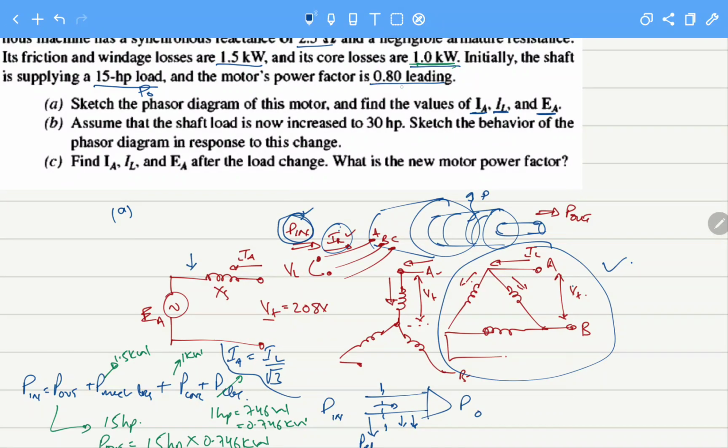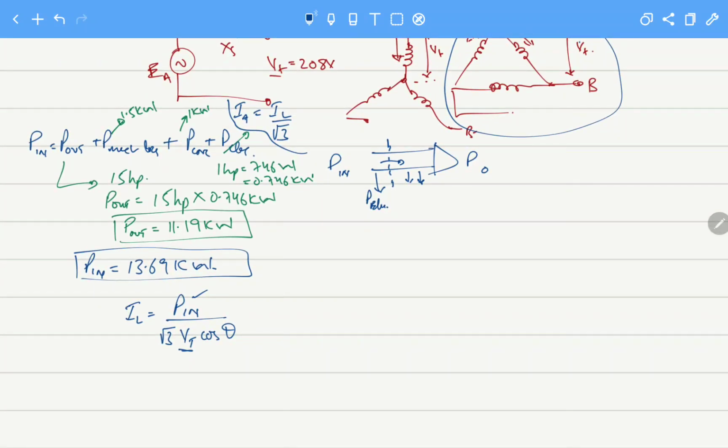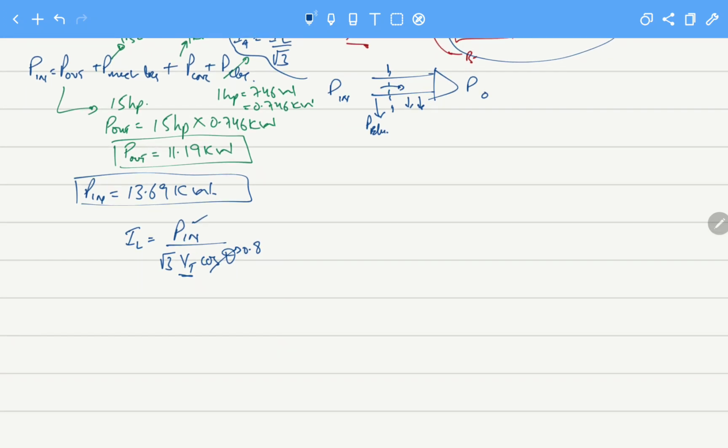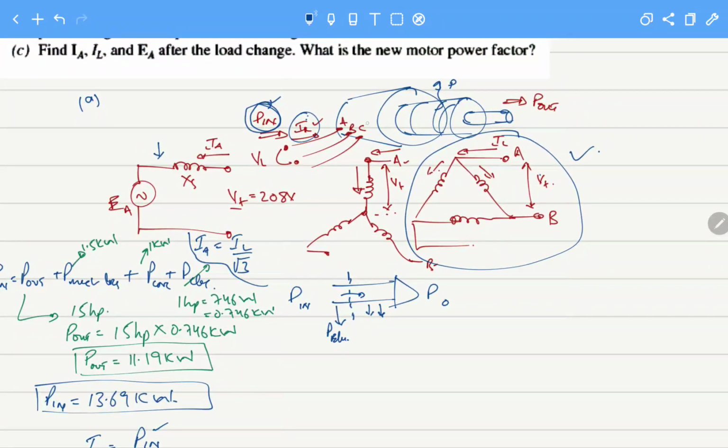Yes, the motor's power factor is 0.8 leading. So by calculating this we can find IL is equal to 47.5 amperes.